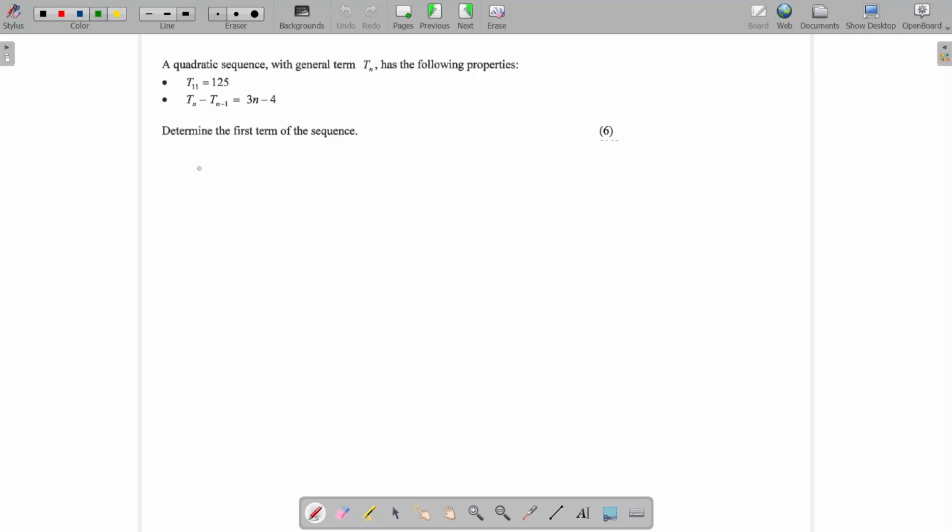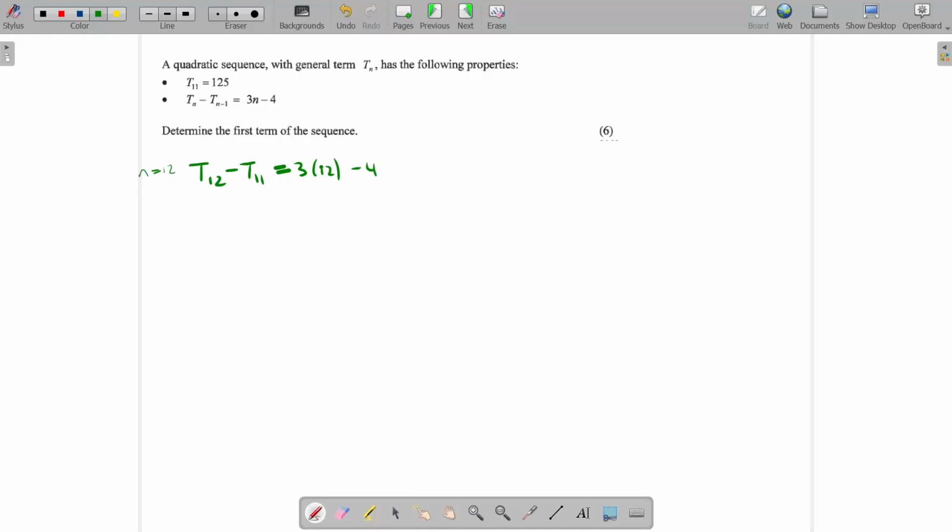So therefore, we can work out that term 12 minus term 11 would equal 3 times 12 minus 4, because what I'm doing here is making n equal to 12.